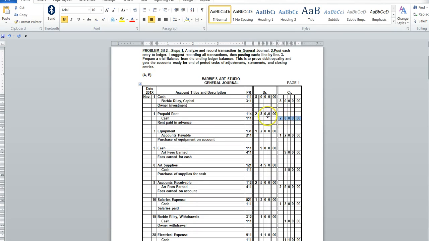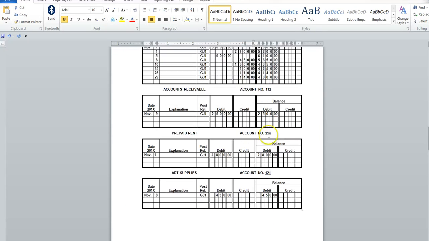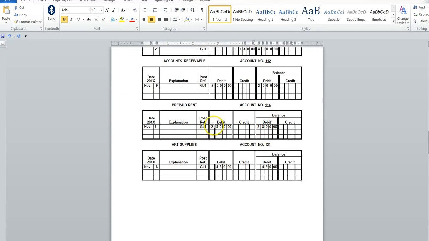Okay, I won't come back to the journal, but I just want to show you the 28 gets debited into prepaid rent and credited out of cash. Got that? So let's spin down. We want to see the debit to prepaid rent. There's the 28, which has the effect of adding to the asset, creating a $2,800 balance.